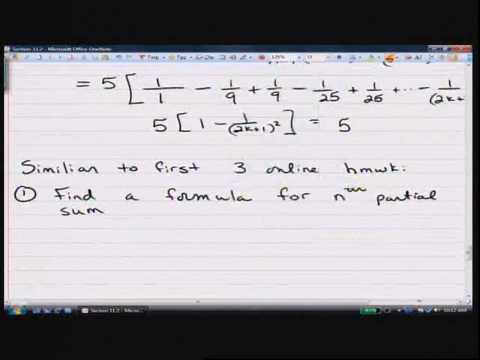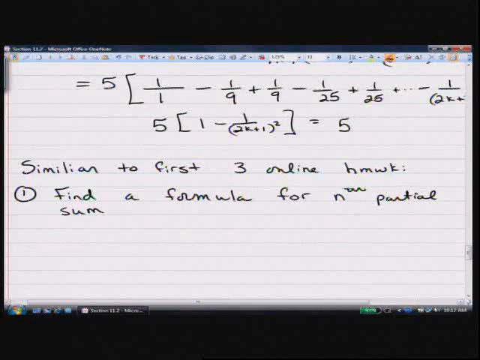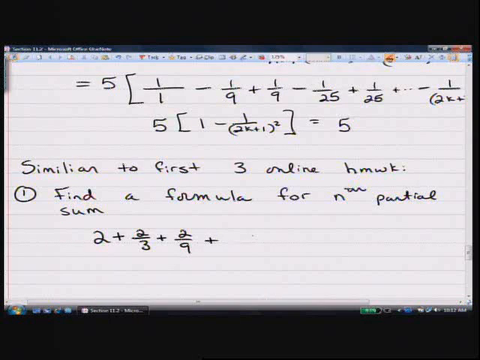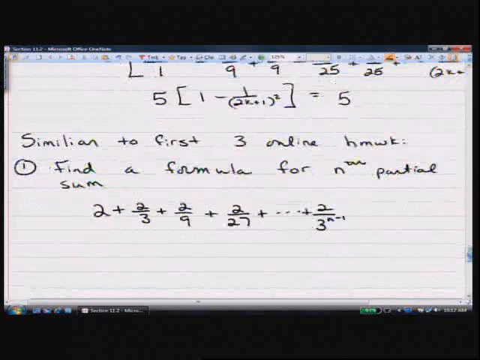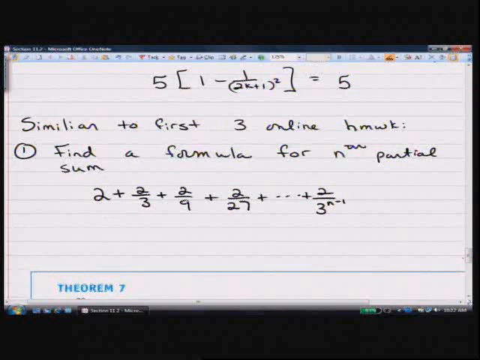Let's see. Okay, here it is. 2 plus 2/3 plus 2/9 plus 2/27 plus 2 over 3 to the n minus 1. Okay? Now, you may recognize this as a geometric series, right?